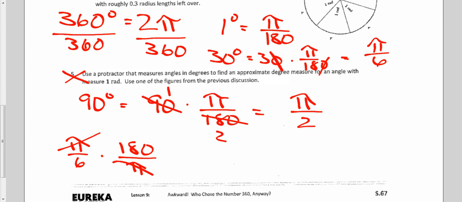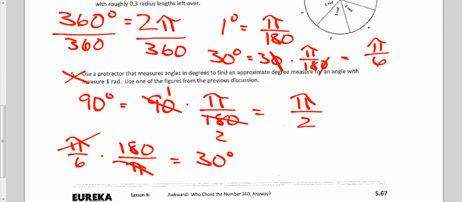I get 180 over 6. 6 goes into 18 3 times. Add the 10 at the end. Equals 30 degrees. Okay? Now, who's freaking out right now because they don't know whether to multiply by pi over 180 or divide by pi over 180?